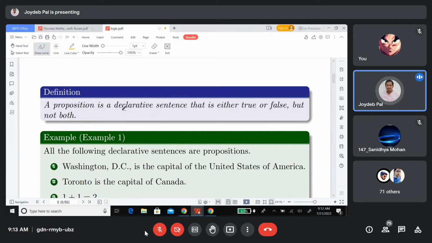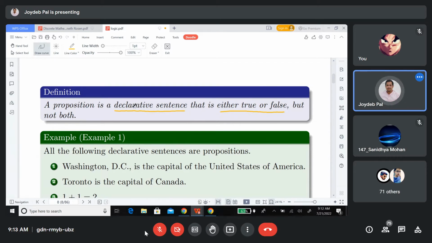So there are two criteria to be a proposition. A sentence that should be declarative, and the sentence is either true or false, but it cannot be both.